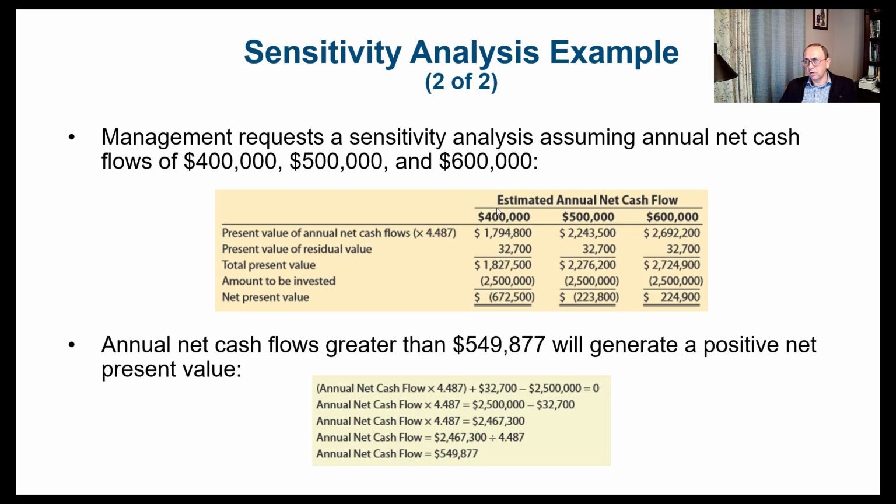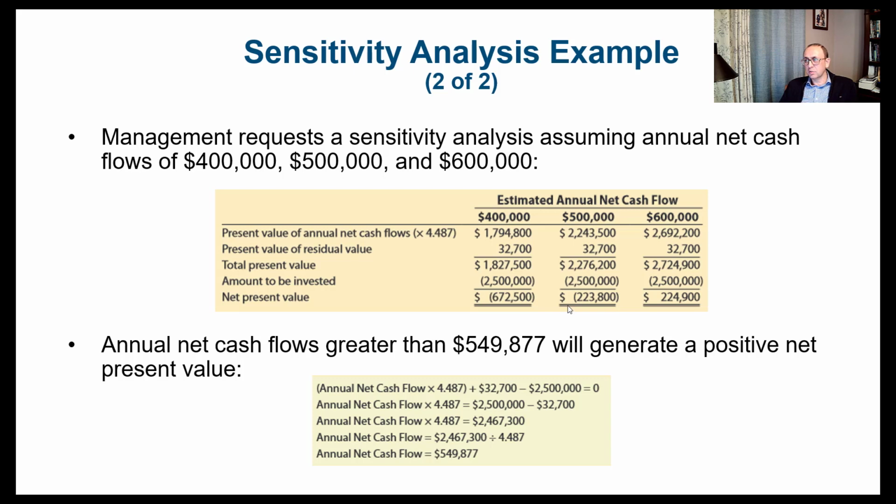In the scenario of 400,000 and 500,000, you can see that the net present value turned out to be negative. Of course, that makes us a little bit scared, because now if you don't create a cash flow that's equal to 600,000, then in this case you go below that, 500 or 400, and the net present value turns out to be negative.